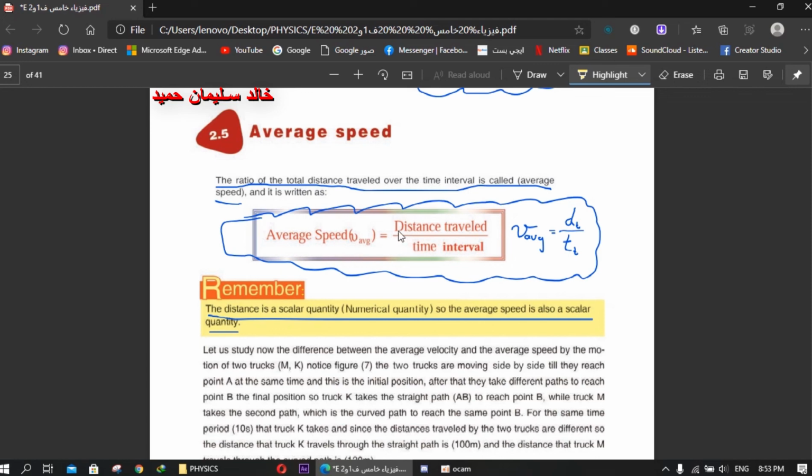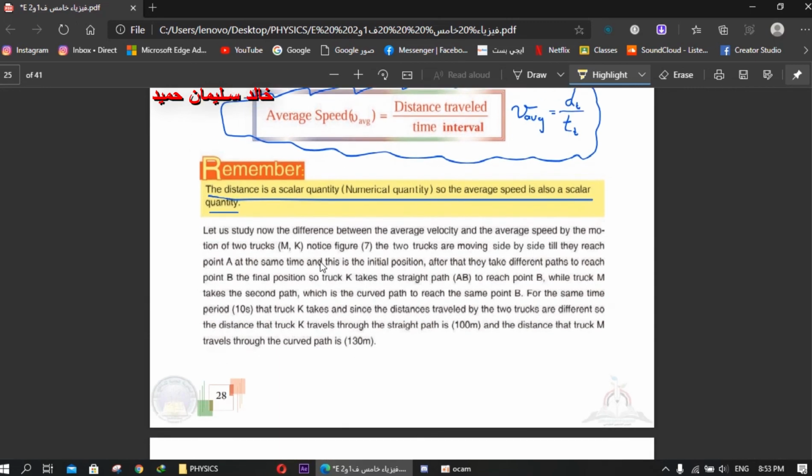The average speed is the total distance over time interval, and we can write this equation in simple form: v average, which is the average speed, equals d total, the total distance, over t total, which is total time or time interval. Remember, the distance is a scalar quantity, a numerical quantity, so the average speed is also a scalar quantity.